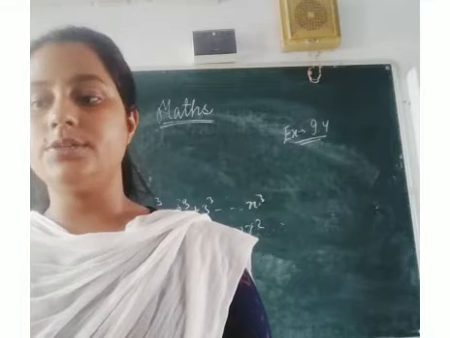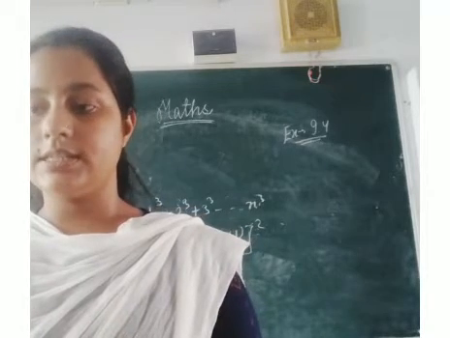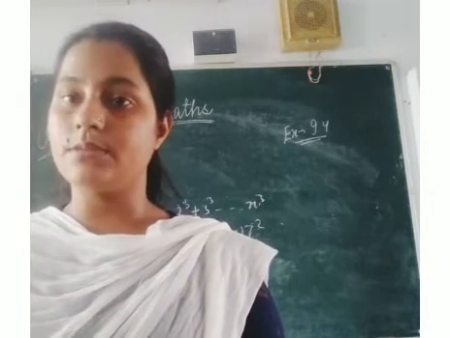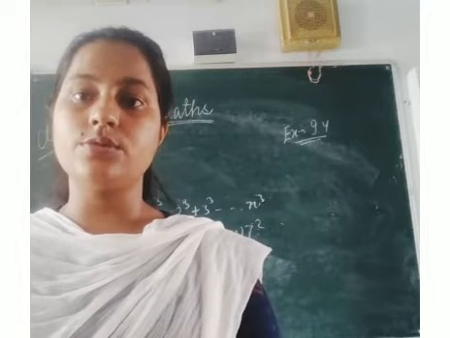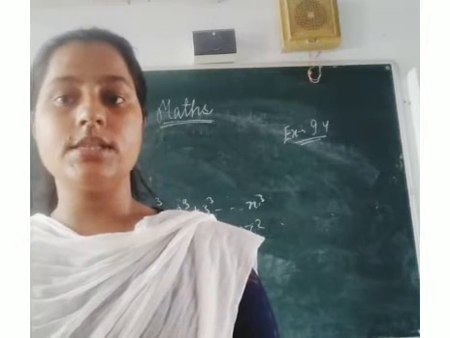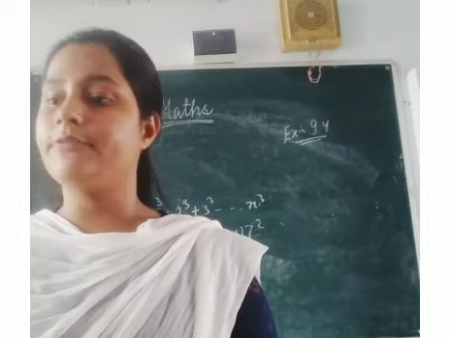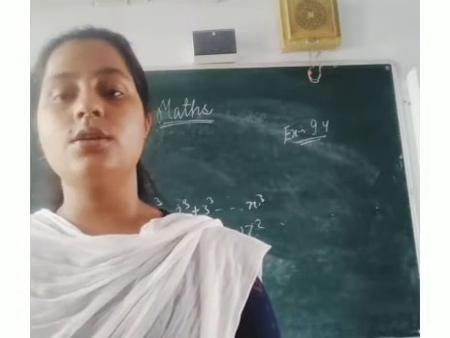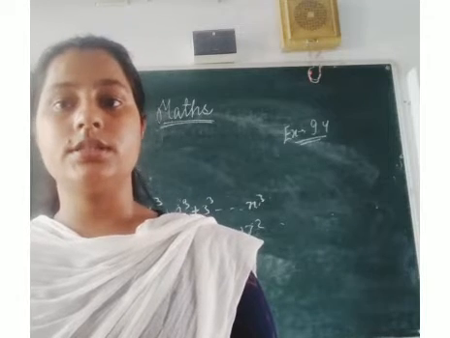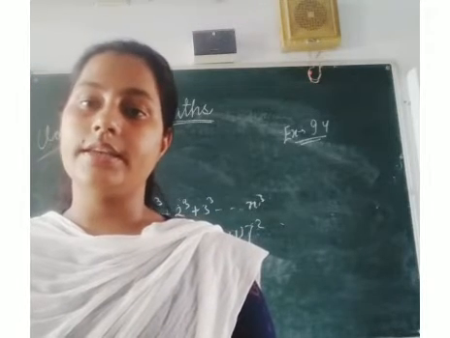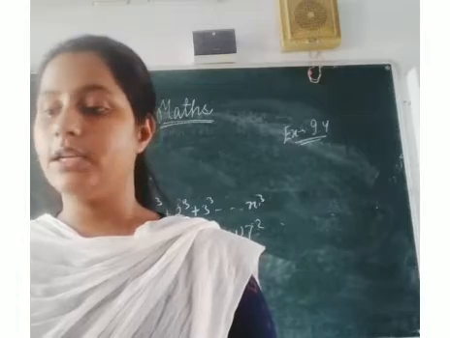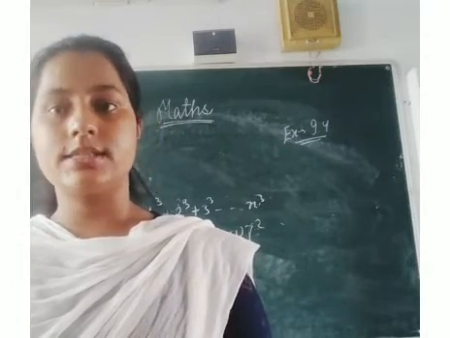Again, I would like to remind you that the first series is the sum of first n natural numbers, and the formula is n into n plus 1 by 2. Similarly, the sum of squares of first n natural numbers is n into n plus 1 into 2n plus 1 upon 6.